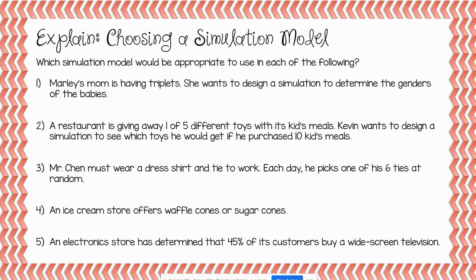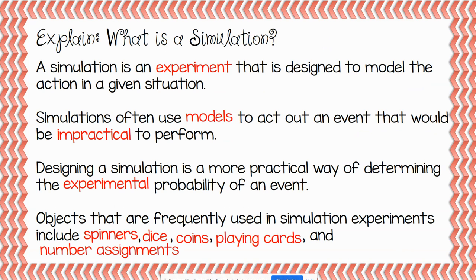Well, in this simulation, we need to look at what we're trying to figure out. We are trying to determine the genders of the baby. Well, we know that when a baby is born, they are assigned a gender of either male or female. So there are two genders that are options. Well, when we think about all of our different simulation models and what we could use, we have spinners, dice, coins, cards, and number assignments.